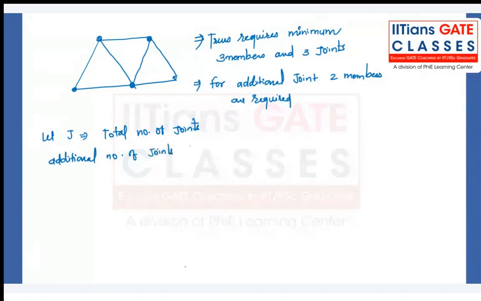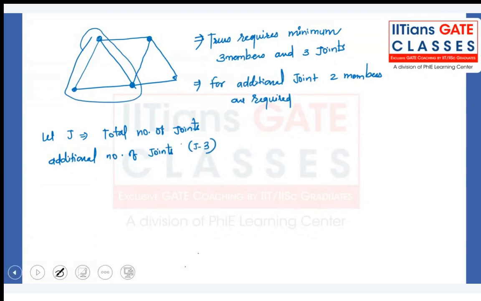Do you agree? Because apart from these 3, if the total number is, let's say, 5 joints, then 5 minus 3 is the additional number of joints. Is it clear till this? To make a single truss we need 3 joints, and if J is the total number of joints, then J minus 3 will be the additional number of joints.